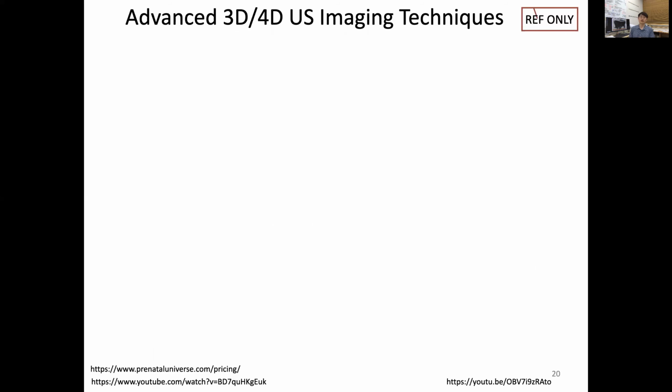Now I want to give you an example of advanced ultrasonic 3D, and 4D, which is 3D plus one more dimension, usually time. 3D is usually in space, like a 3D structure, and if we collect the changes in time, we call it four-dimensional ultrasonic imaging.